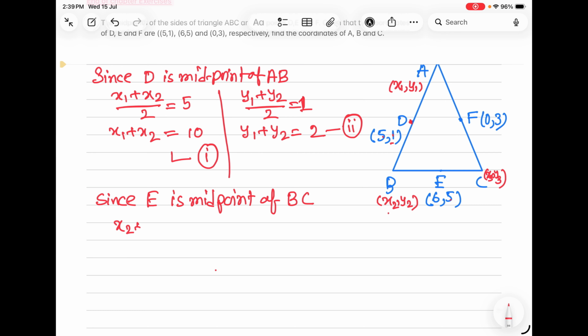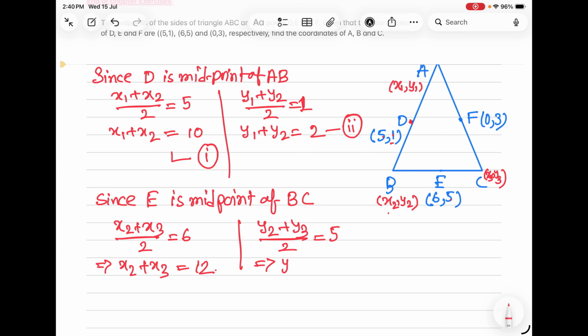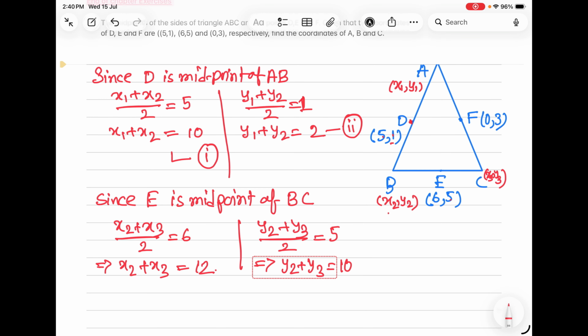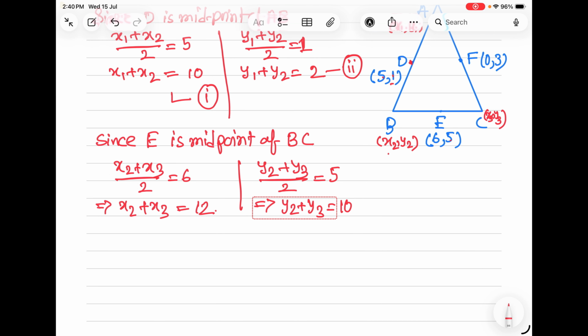So x2 plus x3 equals, by cross multiplication, 12, and y2 plus y3 equals 10. These are equation number 3 and equation number 4.